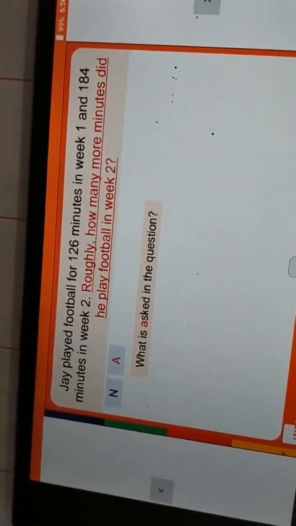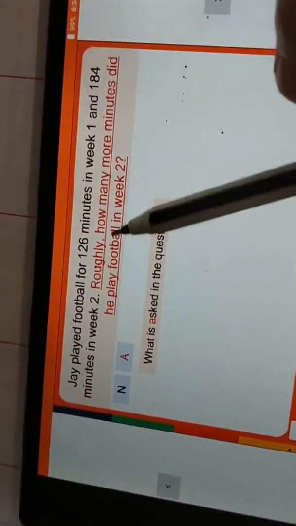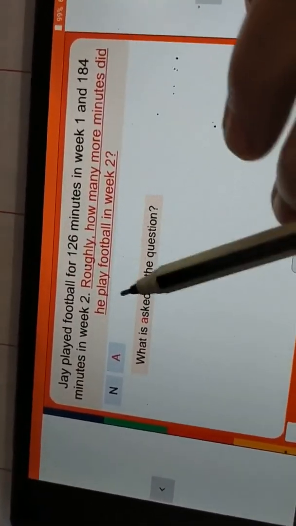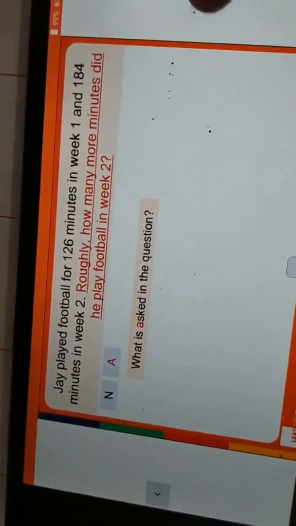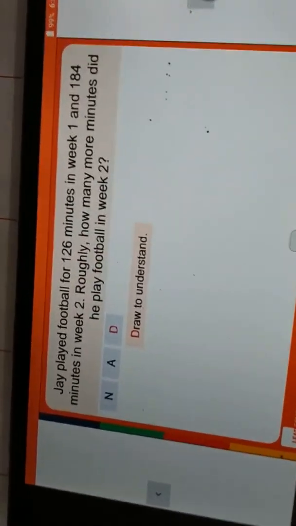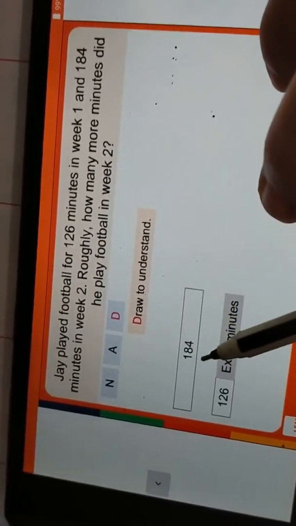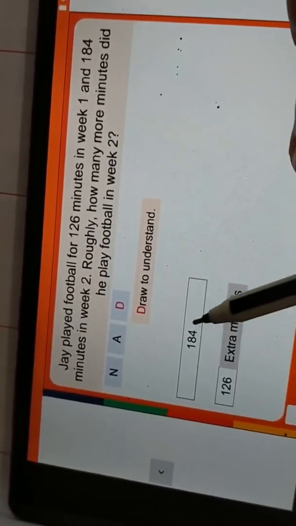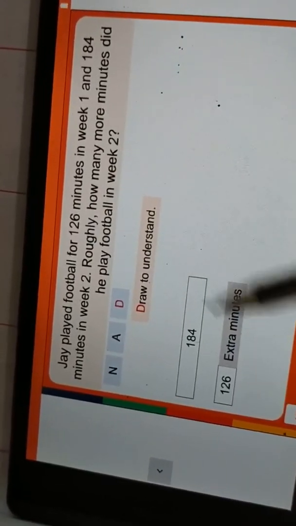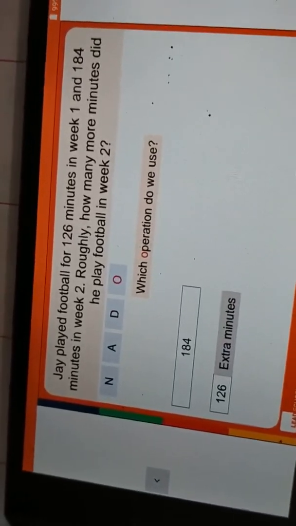Now ask, what is asked in the question? Roughly how many more minutes did he play football in a week? And draw a row for understanding, so we have to draw two boxes, 184 and 126, and the extra minutes are there, right? Now operations.